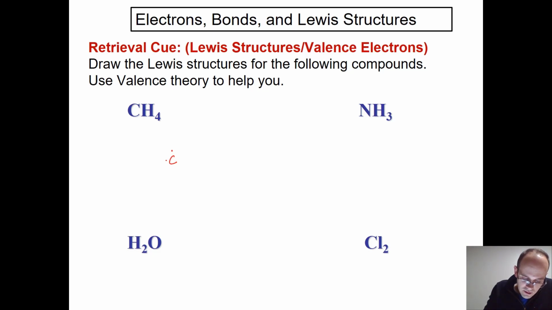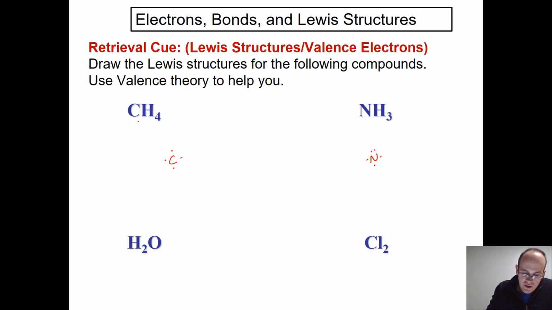So the way I like to do this is I start by drawing the central atom and going to the periodic table, determining how many valence electrons that atom has, and drawing all the valence electrons around it. So in these cases where we have one atom and multiples of the other atom, the one atom is typically the central atom for the Lewis structure.